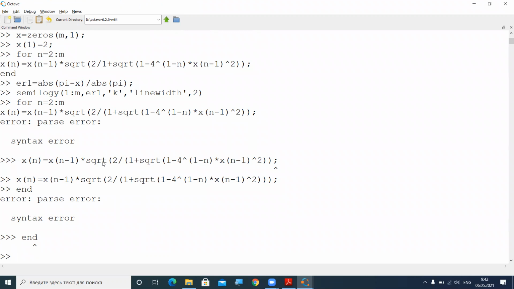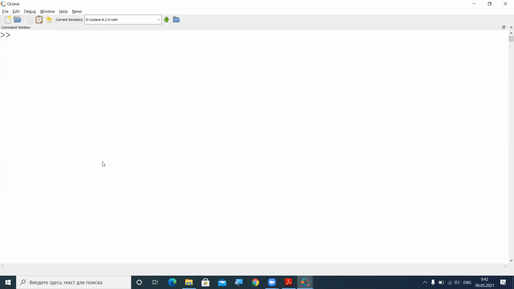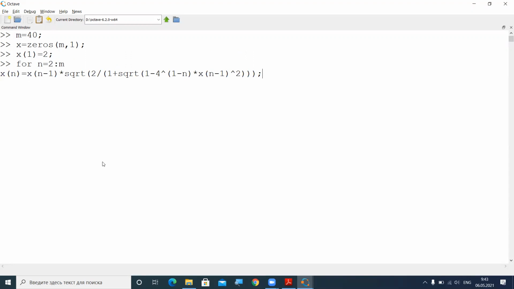So I think it was correct. Let's just type it one more time. M is 40, x is a zero vector, and we have the first starting value of x, and now open the loop and write the new function.